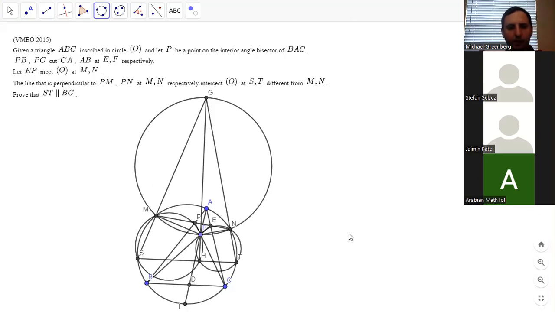So yeah, triangle BIC is isosceles. So yeah, basically, we want to show GP is perpendicular to BC.